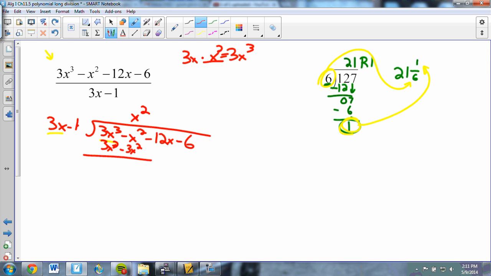Subtract these. One thing you can do is instead of doing a negative and a parenthesis and just trying to think about that, you can actually just distribute the negative and make it a plus. So instead of doing minus a negative, I can just make this a plus and make this a minus and do this. 3x to the third minus 3x squared is 0. Negative x squared plus 3x squared is 2x squared.